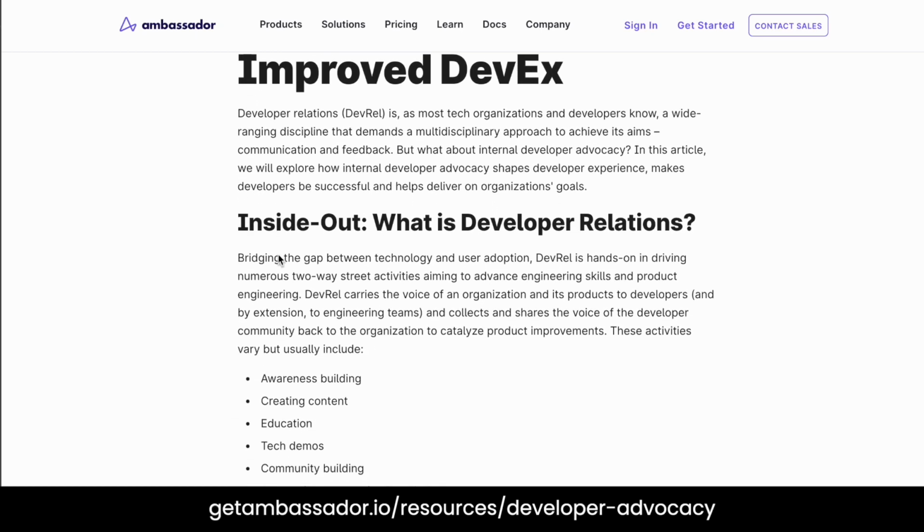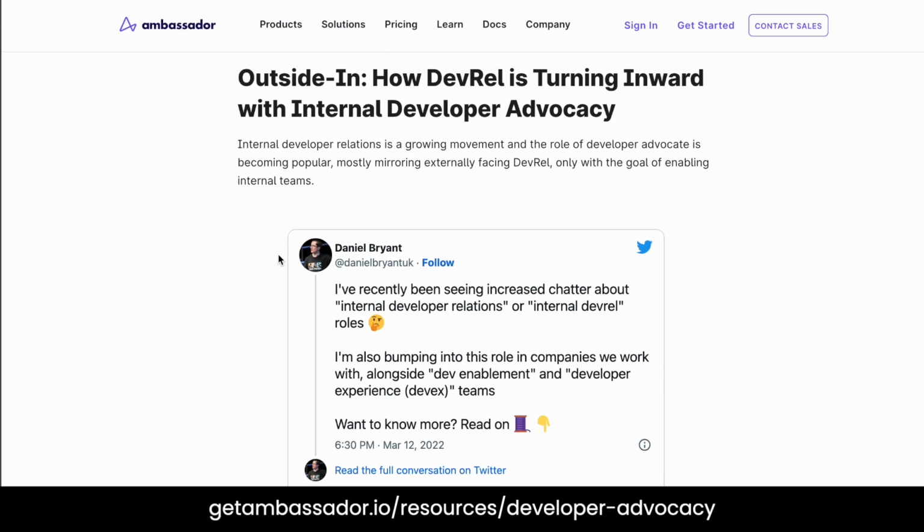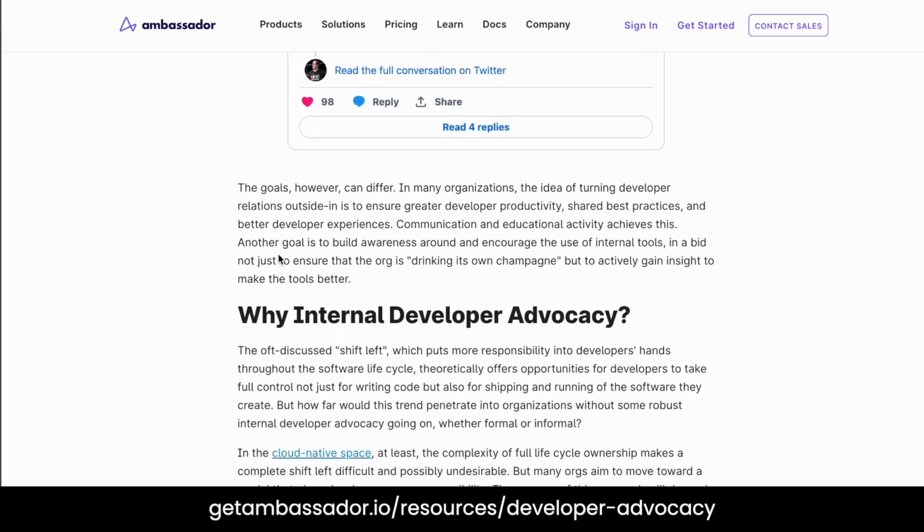I think it was the major article I found during that period, and it explained internal developer advocacy. You know what? I'm just going to call this IDA because it's stressful. It explained IDA as improving engineering experience, knowledge sharing, and all those things. So that article, along with the job description, kind of gave me an idea of who an internal developer advocate was. So far in this role, I would say I've enjoyed it and I have learned a lot. So, sharing my learnings and understanding about this role.